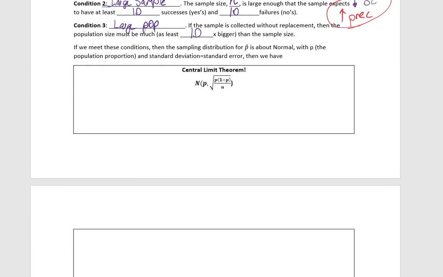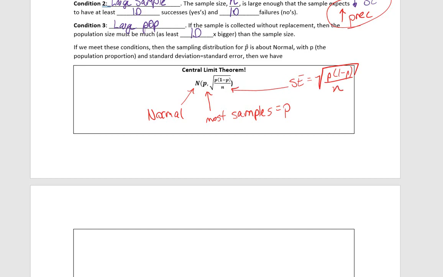Now, if we meet all three of these conditions, so we're not biased, we don't have a big standard error, we have a big enough population, what that tells us is that our samples are going to follow a normal distribution where most of our samples are going to have an average value of p, and that they're going to be off by about this much.